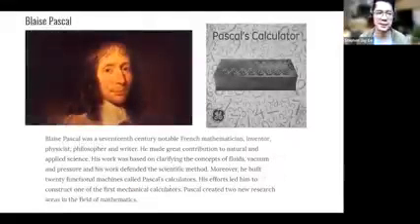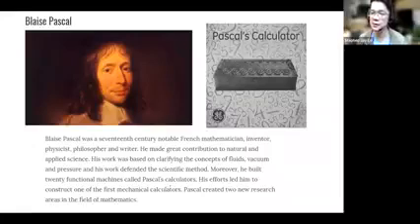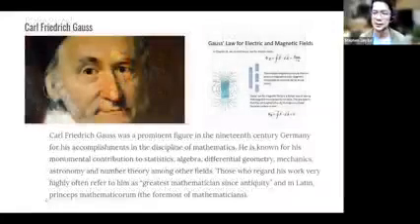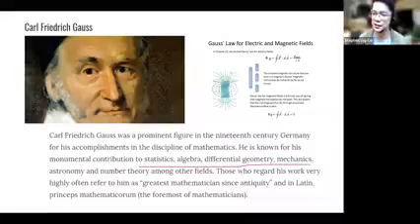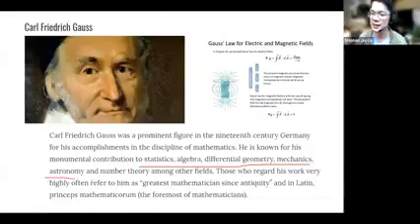And then Blaise Pascal was the 17th century notable French mathematician, inventor, and philosopher. We discussed him earlier. Carl Friedrich Gauss, a prominent figure, is known for his contributions to statistics, algebra, differential geometry, mechanics, astronomy, number theory, and other fields.